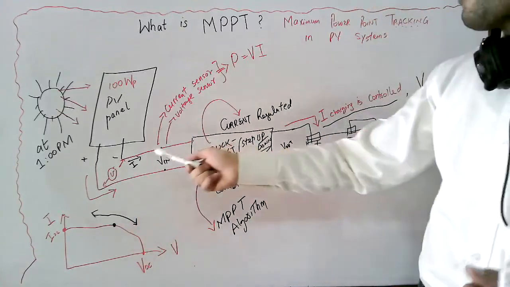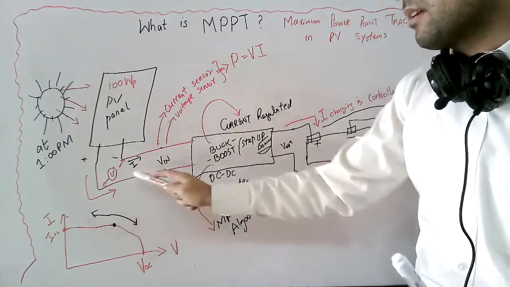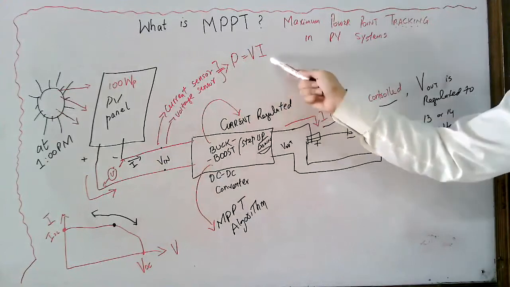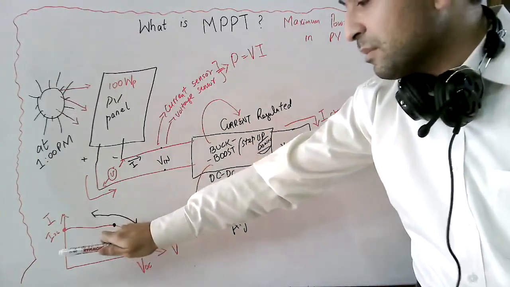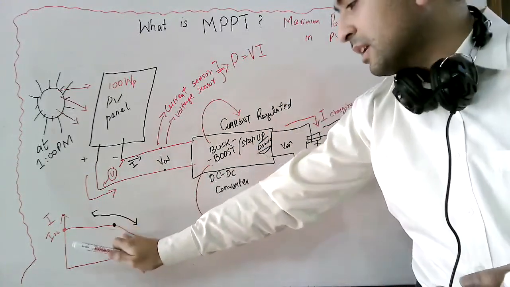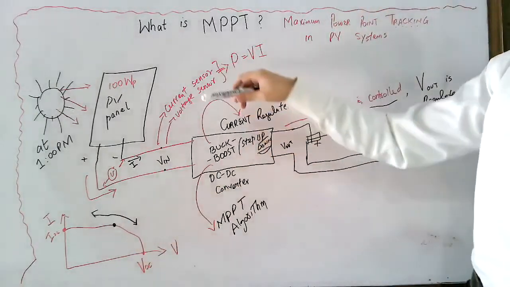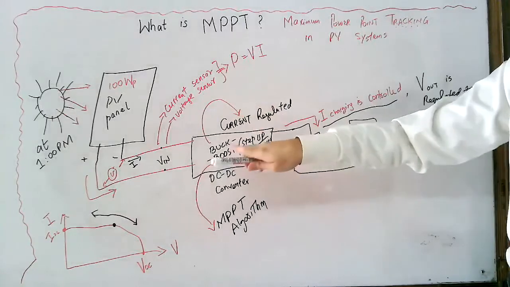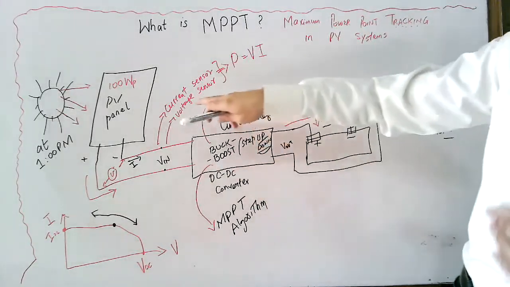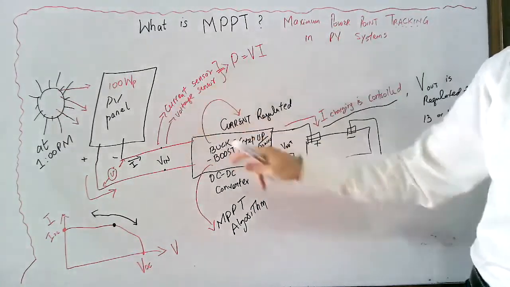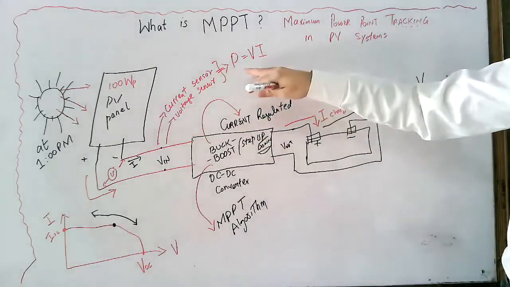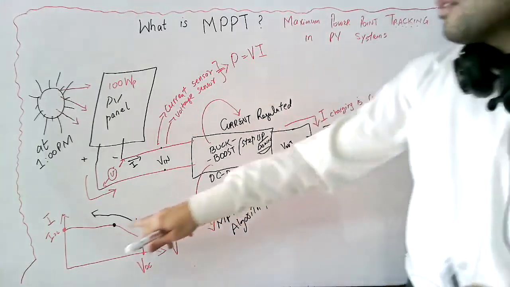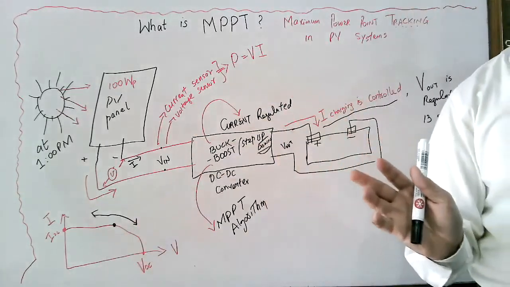Then the voltage here will rise, and the net product of VI is increasing, and at that point it is more. If it further decreases the charging current, then this product starts to decrease. So the built-in microprocessor, taking the values from these current and voltage sensors, compares this value of the power, and in this way we track the maximum power point.